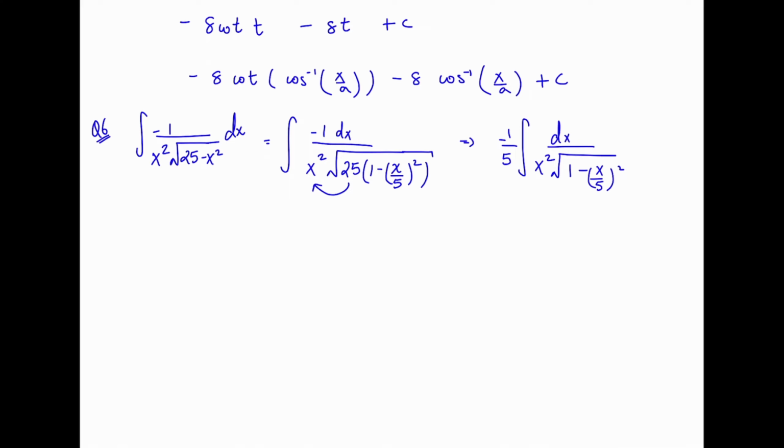Now here I would like this to be cos. I will show you a sine way too. Let's try to do the sine way in this case. Let's see what happens if you were to substitute in the sine way, right? If you let x over 5 equals sine of t, then x equals 5 sine of t, hence dx will be equal to 5 cos of t dt, right?